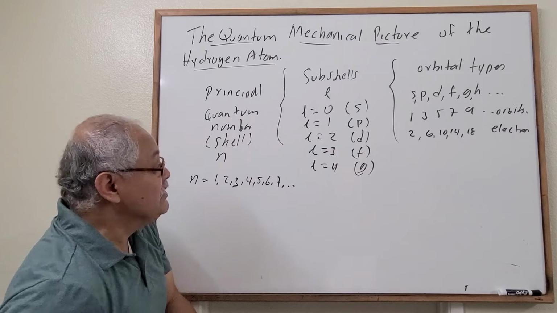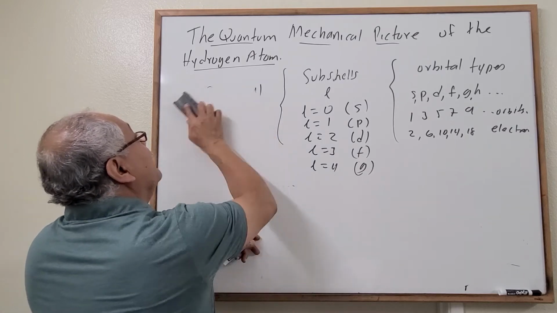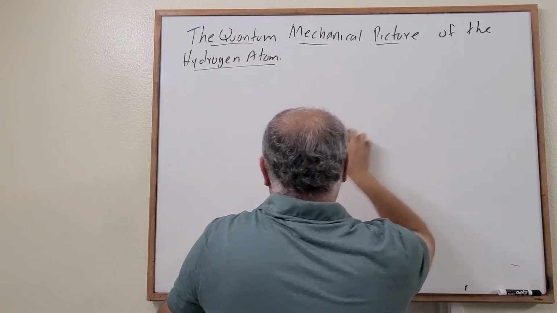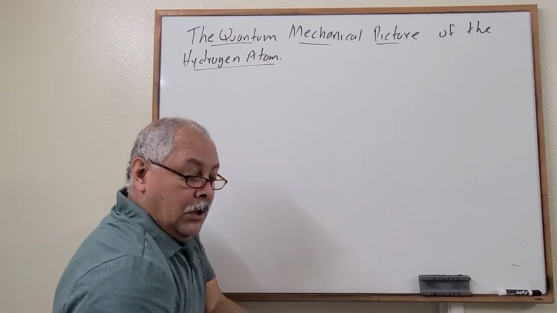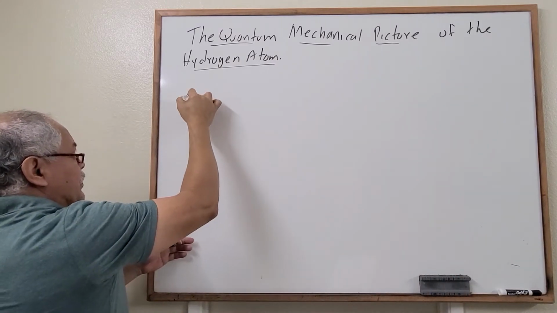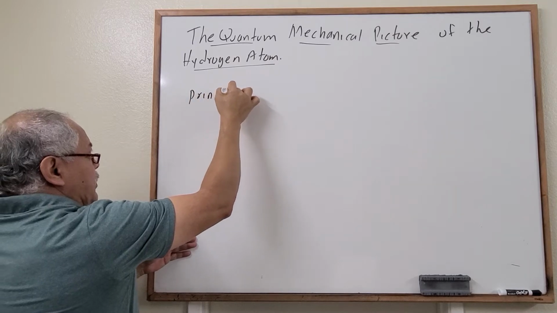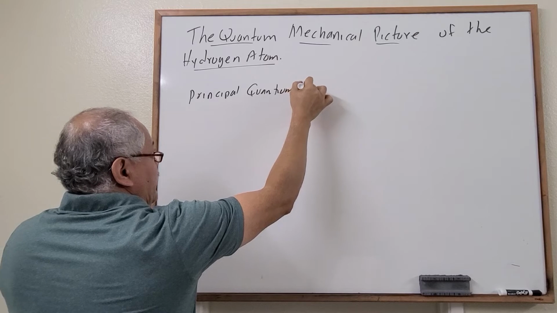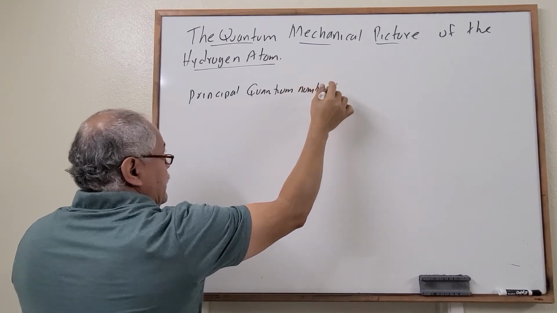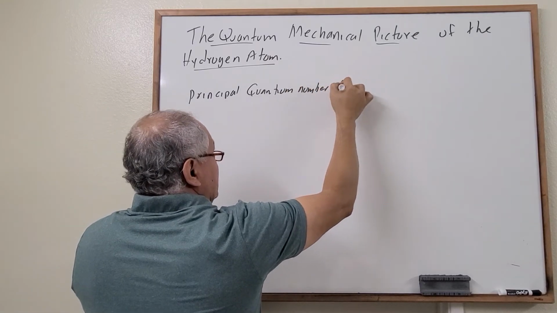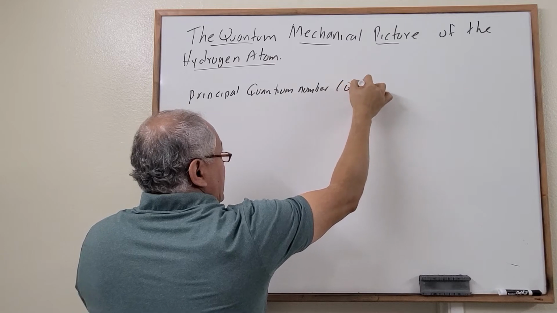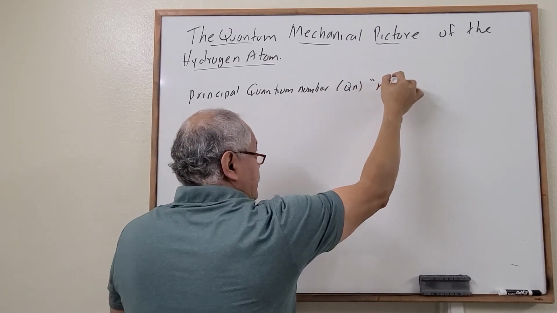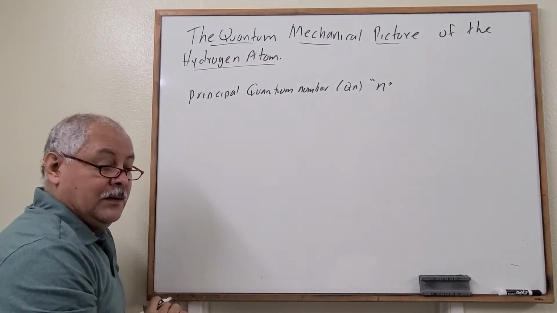Now let's go again and see how these are related. They are related in this way. We have first the principal quantum number. Let's represent this quantum number. It's going to be N, that's the symbol, correct?